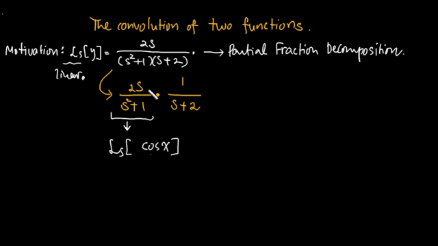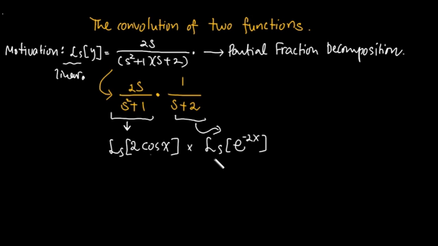That's going to give you s divided by s squared plus 1. Then there's a 2, which is a constant, so you can just put it in there. How about this part? Because it's 1 over s plus something, you know it's from e to the negative 2x. That's the basic part. So we know the individual factors are coming from these two functions, and they're multiplied to each other like this.